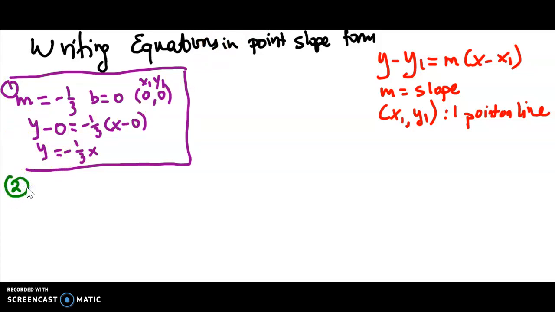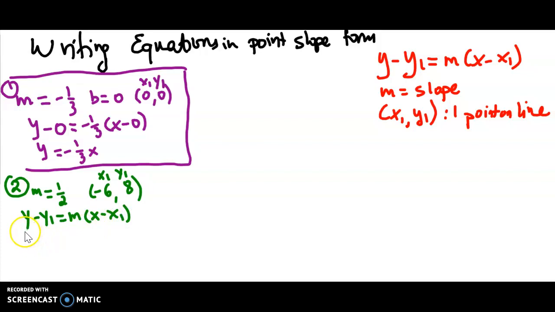What about if you're given the slope and a random point of the line? So not the b, but a random point. Here's your slope, 1/2, and a random point would be negative 6, 8. Labeling would be very handy and important. I'm reminding you, you're substituting in the general formula that goes like this: y minus y1 equals m(x minus x1).